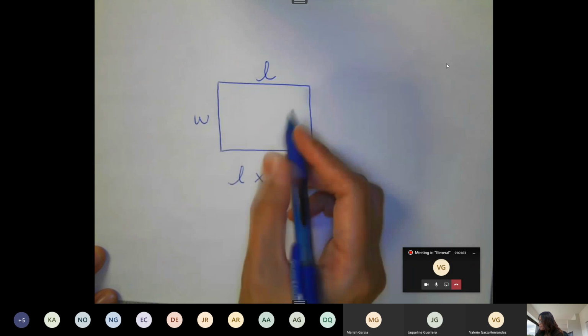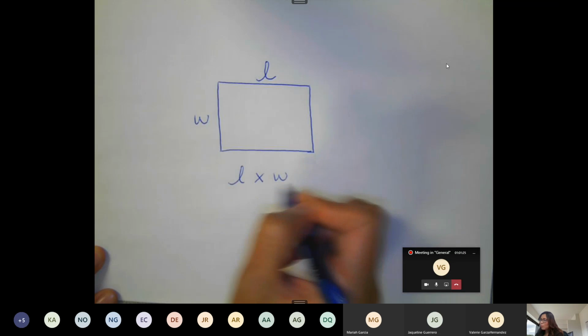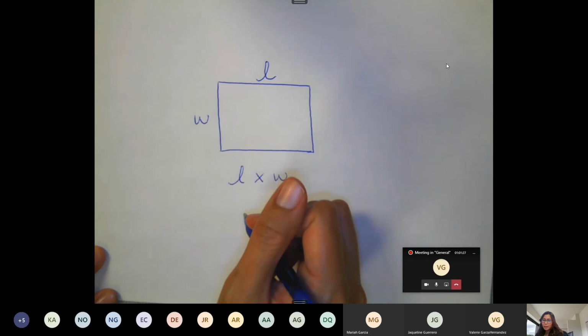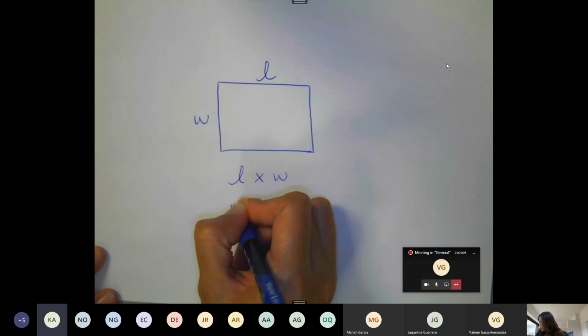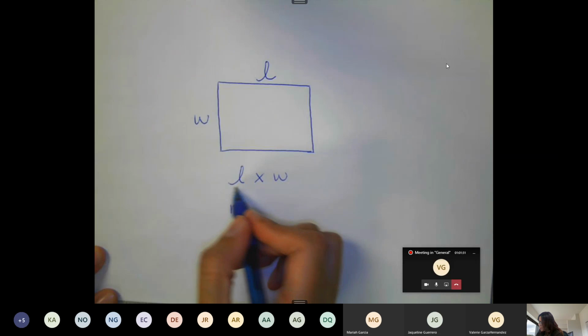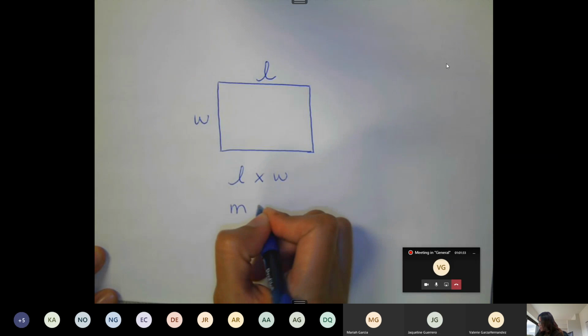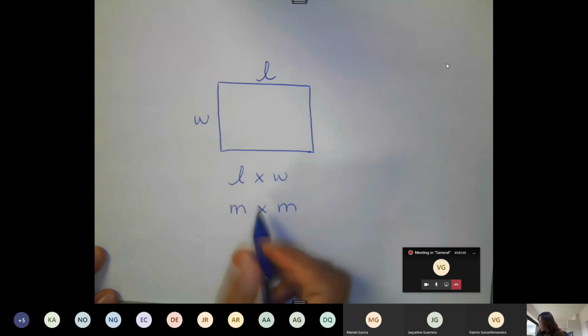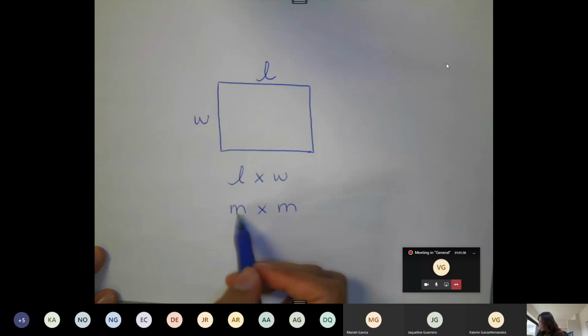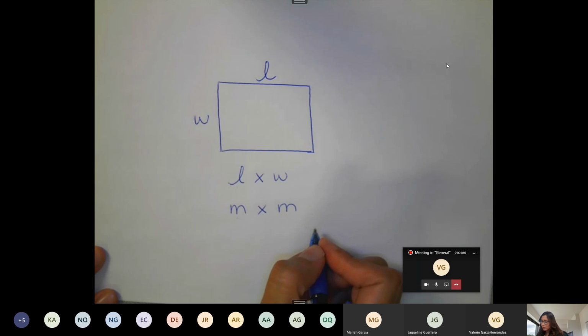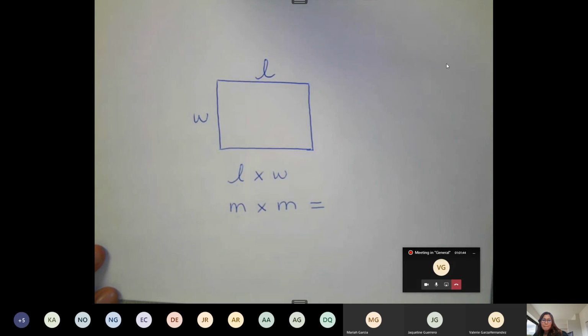Well, yeah, in this case, since it's small, it would be centimeters. But what is the base unit that we use for length? Meters, right? So basically, we would be taking meters times meters, right? What do you think we would get if we multiply meters times meters? What unit do you think we would get?